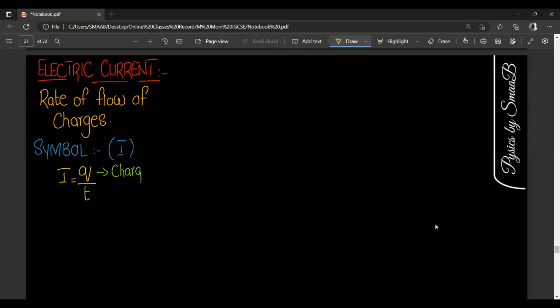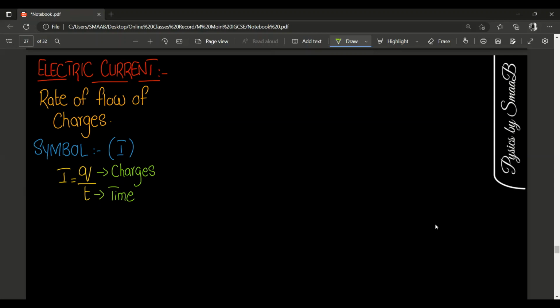We already know that the word rate represents time, because in previous topics we also used the word rate, in velocity, acceleration, momentum, and many times we use the same concept of rate.